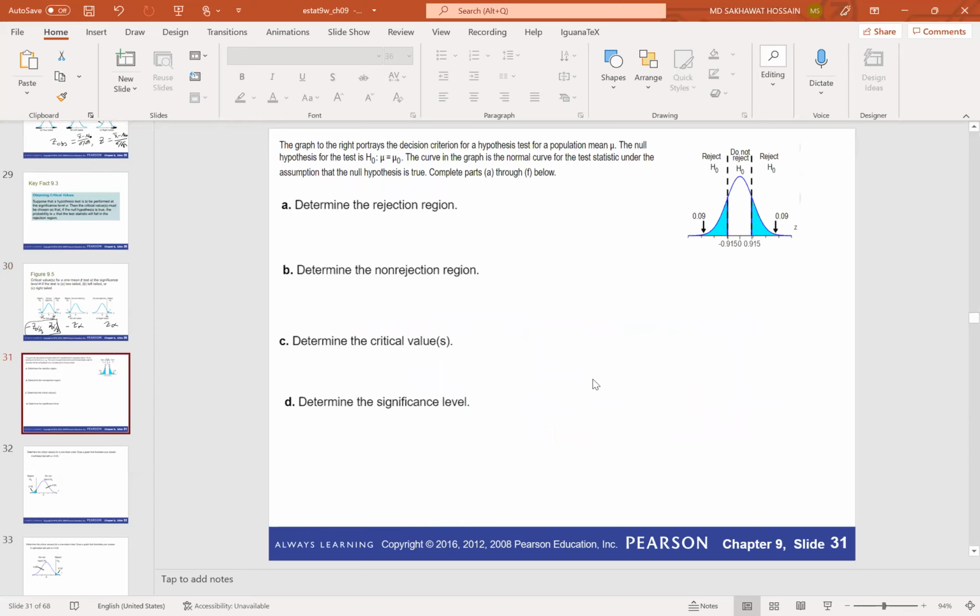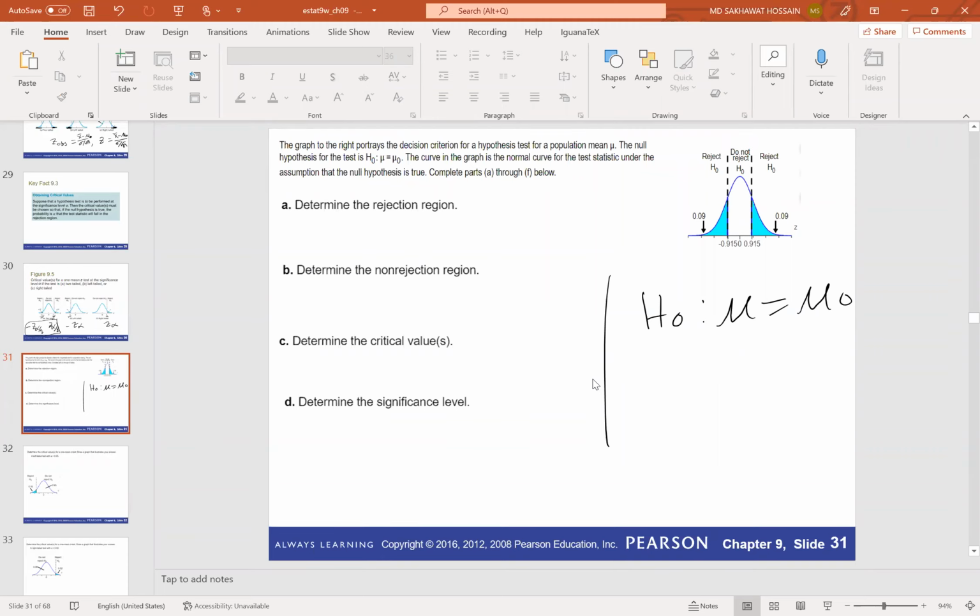Here the graph to the right portrays the decision criterion for a hypothesis test for a population mean mu. The null hypothesis of the test is H0: mu equals mu 0. The curve in the graph is the normal curve for the test statistic under the assumption that the null is true. We always calculate the test statistic under the assumption that the null is true.